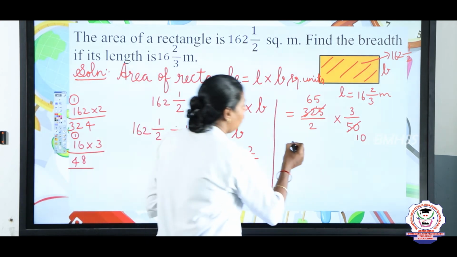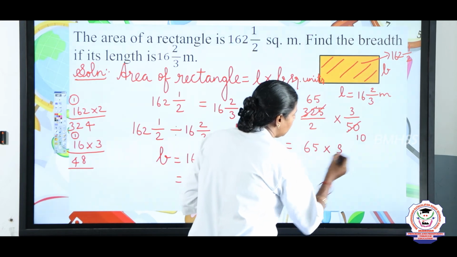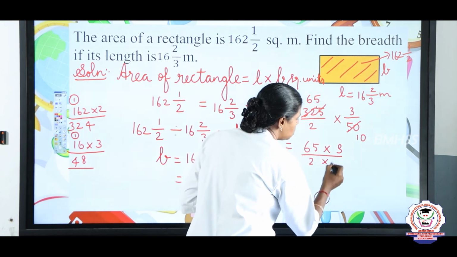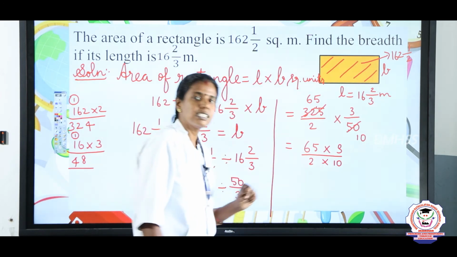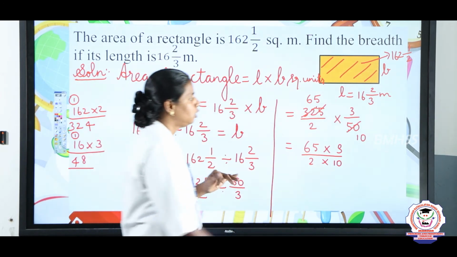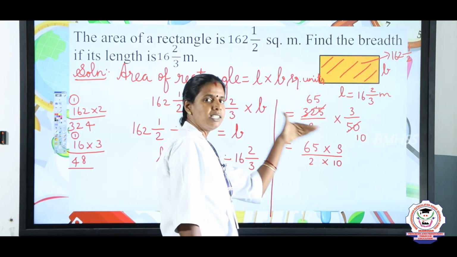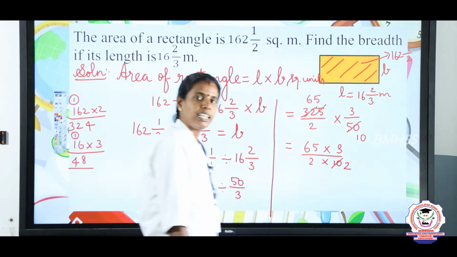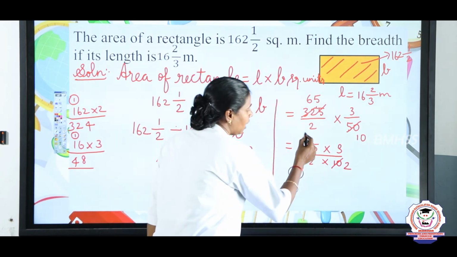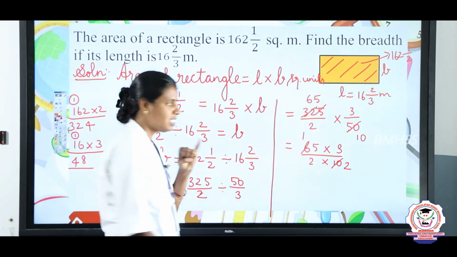Now write the remaining: 65 into 3 by 2 into 10. Again, we can cancel this 10 and 65 in the 5 table. Directly you can also use the 25 table, or else the 5 table again, children. 5 twos are 10. Here 5 ones are 5, after 6, 1 is remaining.